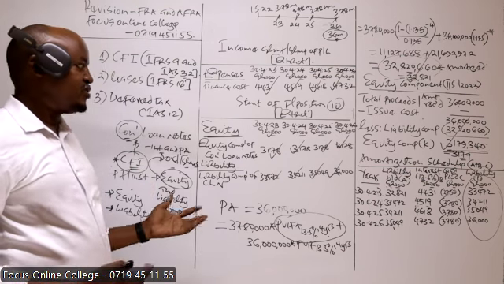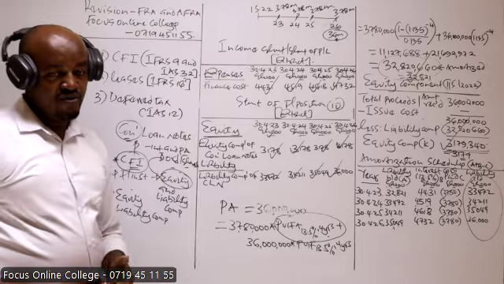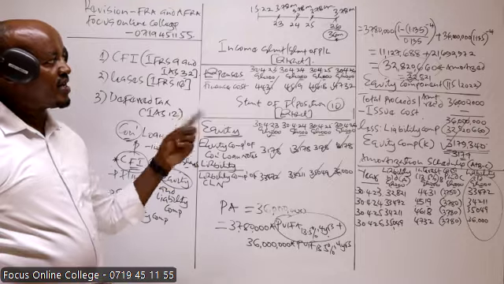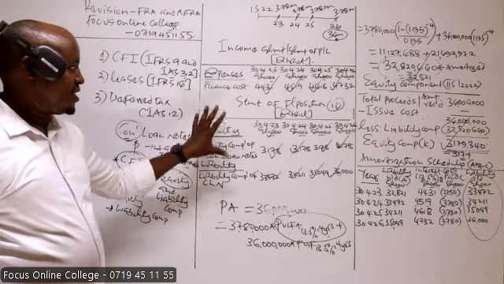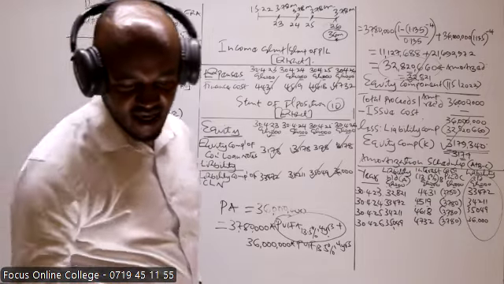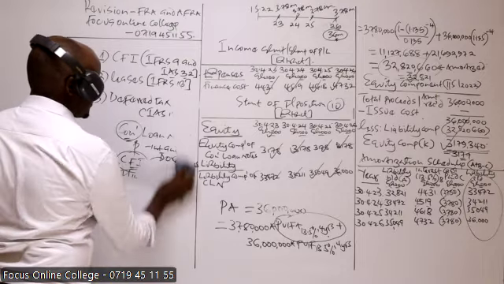On the date they were issued, split the liability component and the equity component. Once you have computed the liability component, amortize it, and then prepare the financial statement extract. So make sure you attempt question number 1 as an assignment.